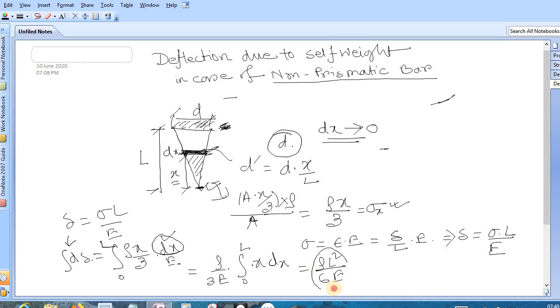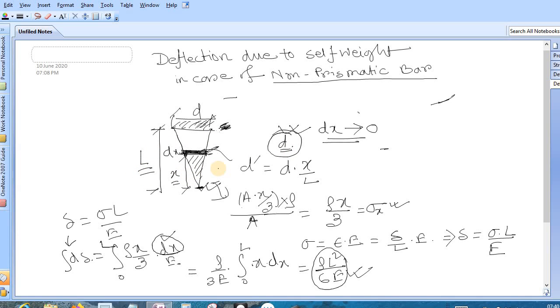This is again a formula asked directly in exams: what is the deflection due to self weight if the cross section is circular, diameter is D, and total length is L.